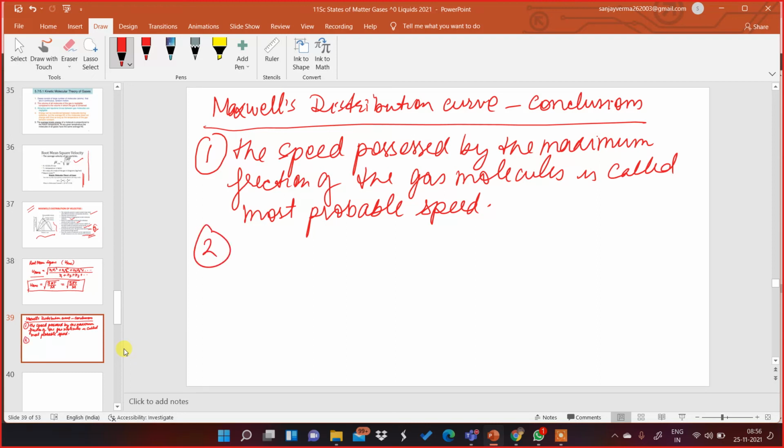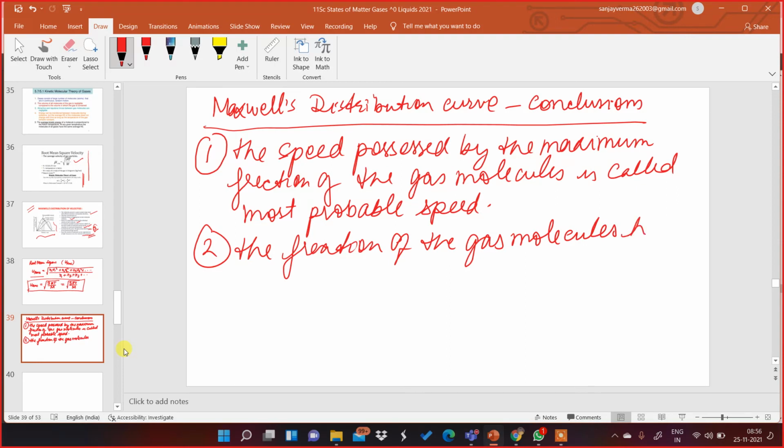The second conclusion is like this: the fraction of the gas molecules having very small or high speed is small.